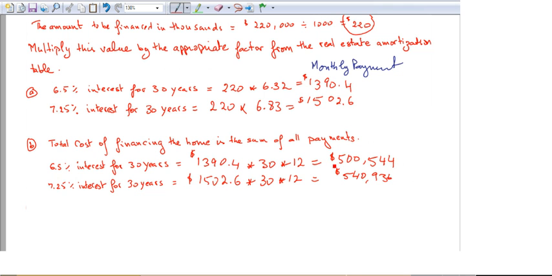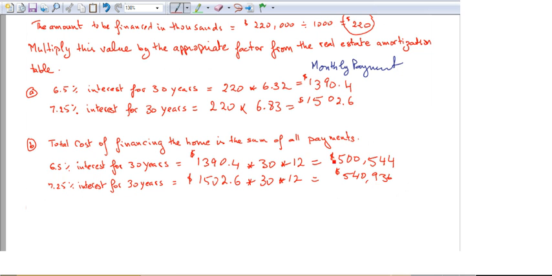The home will cost $500,544, and if the interest rate is 7.25%, the total cost of financing this home will be $540,936. And so the difference between 6.5% and 7.25% interest rate is about $40,000.